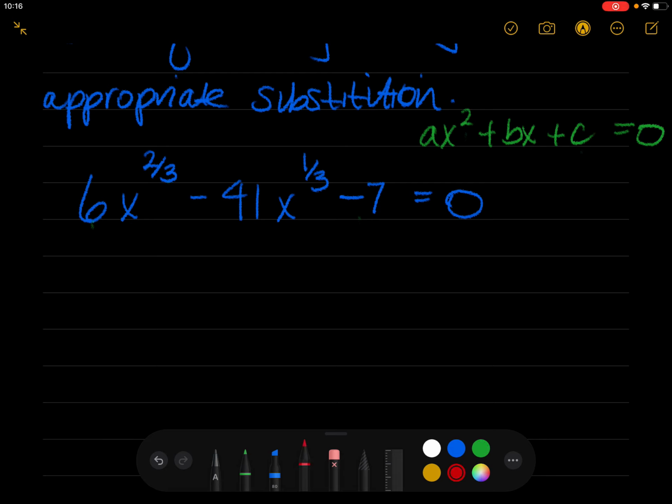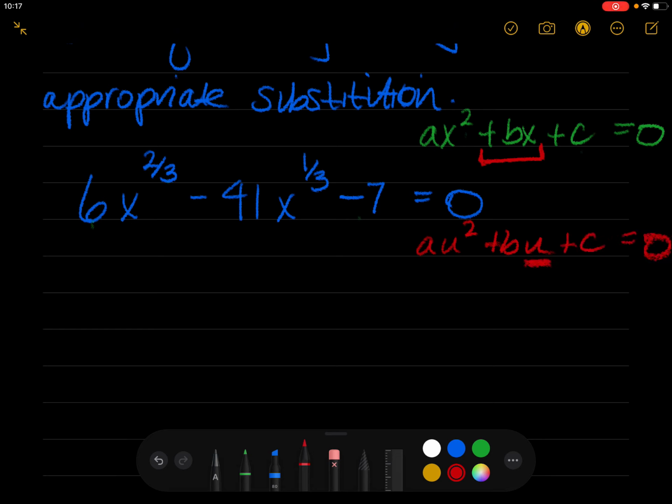But what we're trying to do right now, in a sense, we're talking about hidden quadratics. The easiest way to solve these and to think about it is going to be to look at this bx term, where x is to the first power. So when we go to make the u substitution, instead of x, because we're substituting in a u, it's going to be u squared plus bu plus c equal to 0.